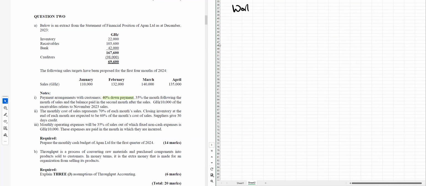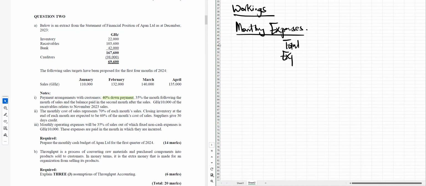So my workings. I will start with my monthly operating expenses. It is 35% of sales. The question says monthly expenses, 35% of sales, out of which fixed non-cash expense is 10,000.